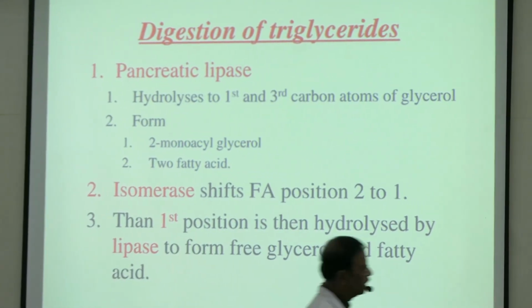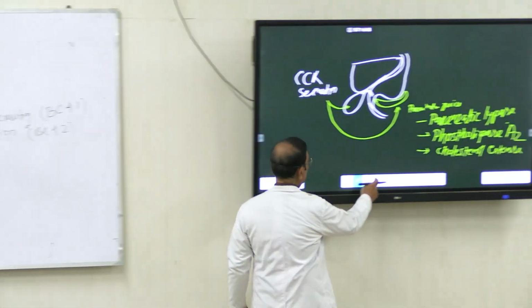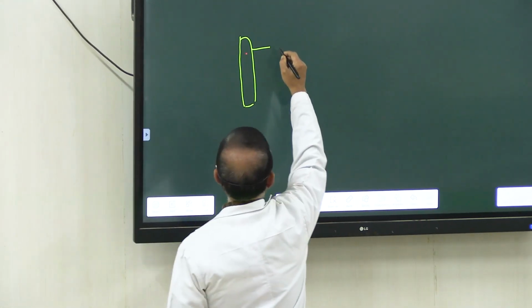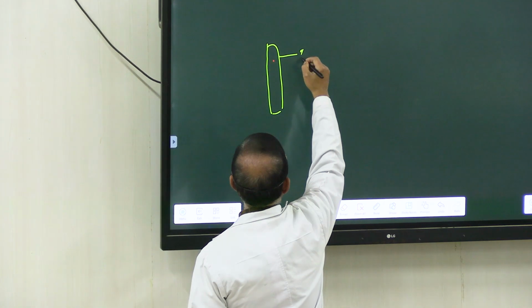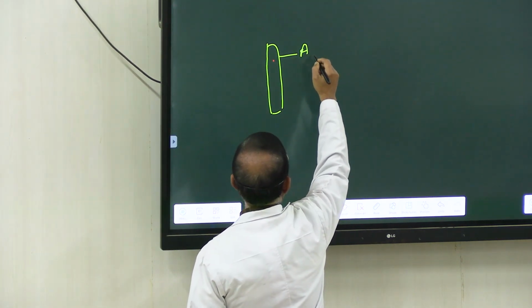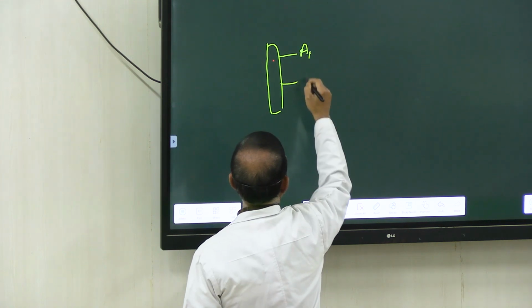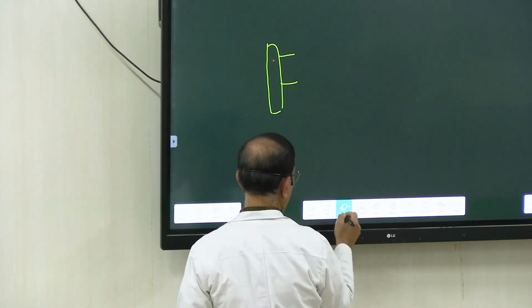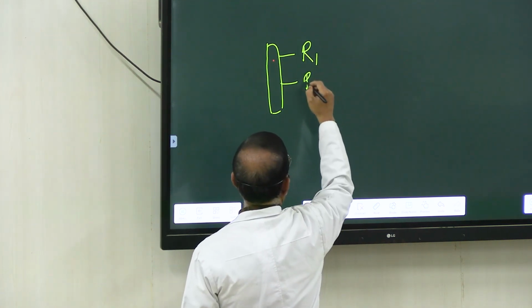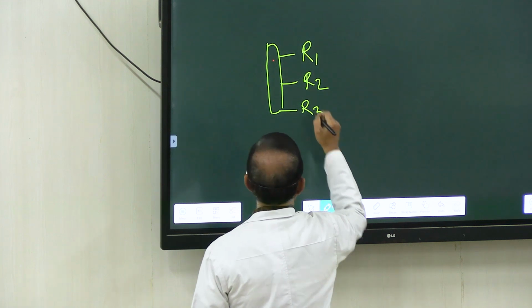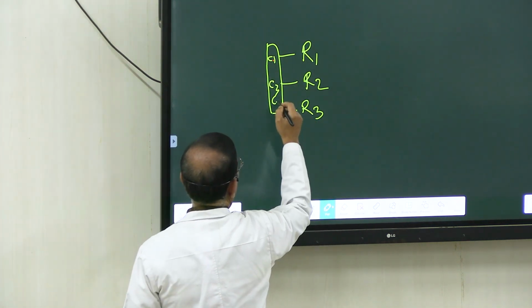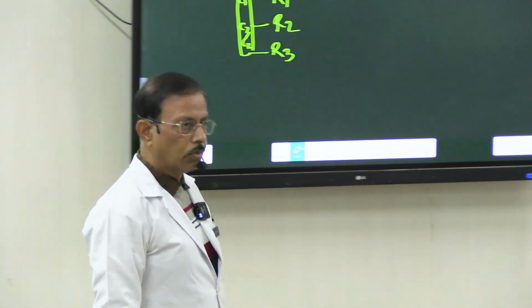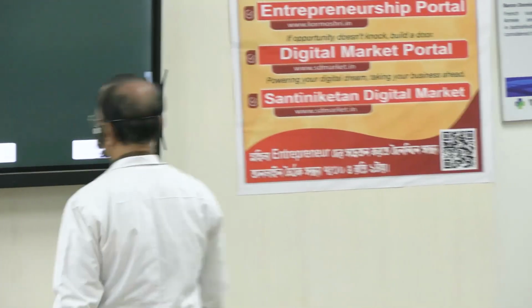In case of triacylglycerol, in carbon 1 there is one fatty acid chain, carbon 2 there is one fatty acid chain, and carbon 3 there is a fatty acid chain.